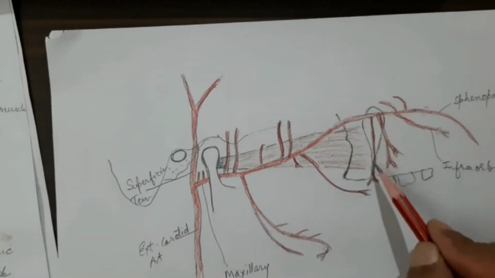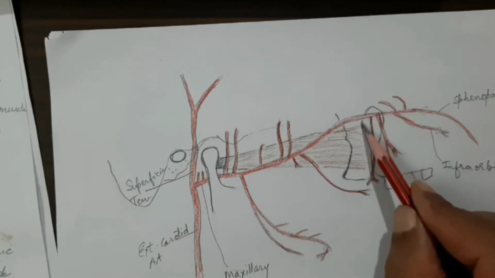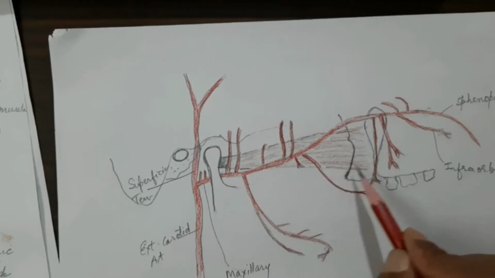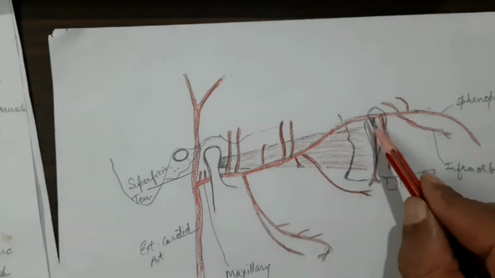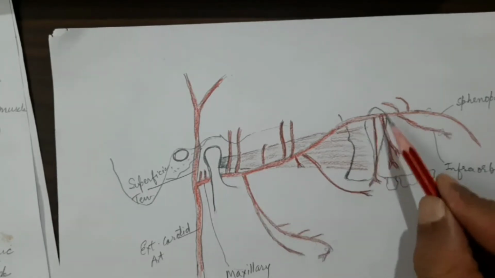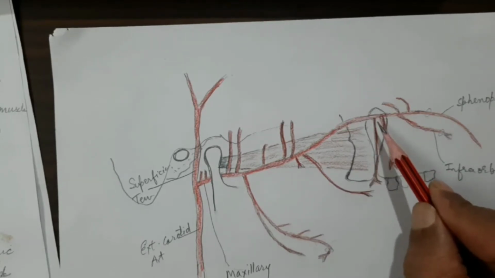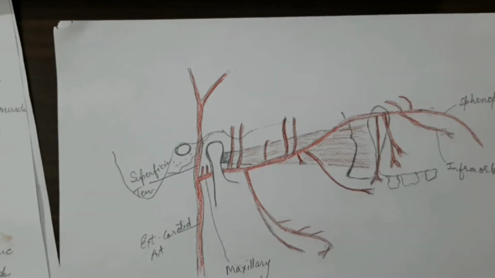In this diagram, you can see that this is the maxilla, these are the maxillary teeth, and this is the lateral pterygoid plate, on which the lateral pterygoid muscle is attached. Then there is a gap here, the fissure, which I have drawn a little wider just to explain. This is the pterygomaxillary fissure, and just deep to it lies the pterygopalatine fossa.